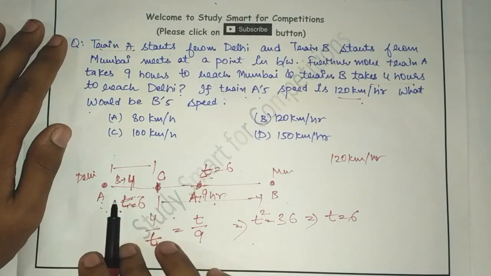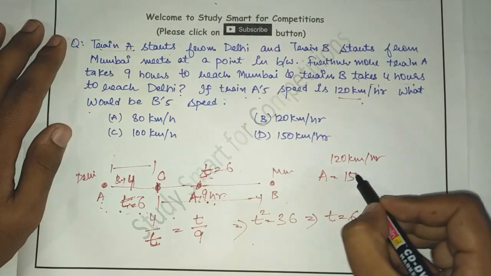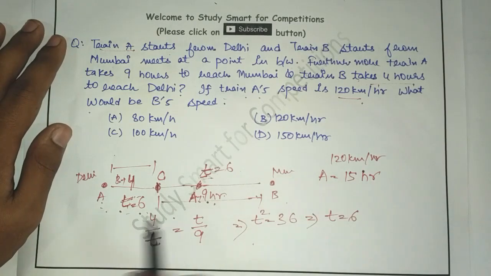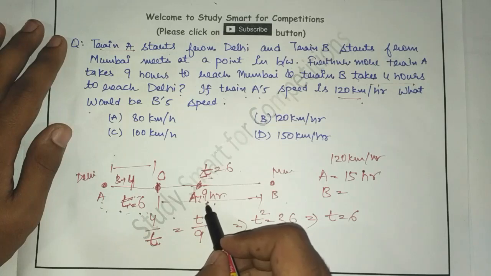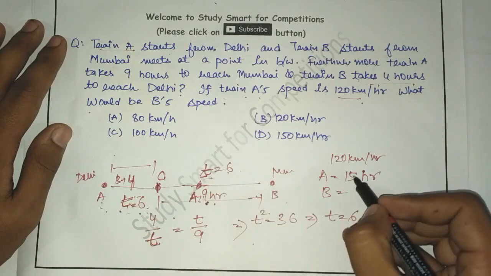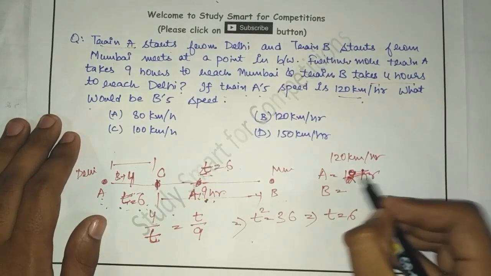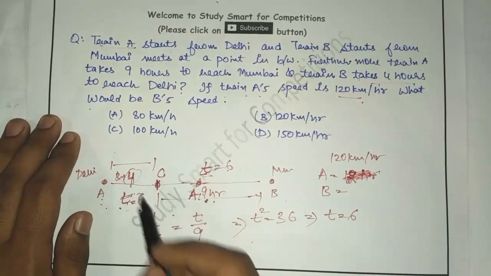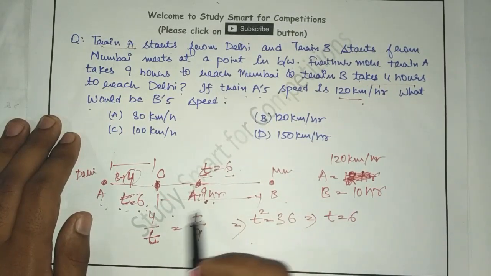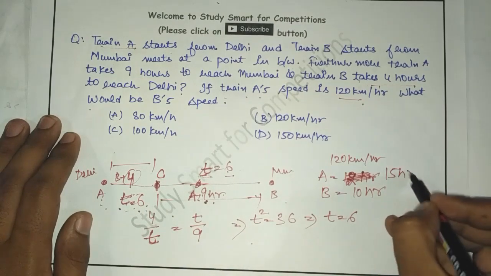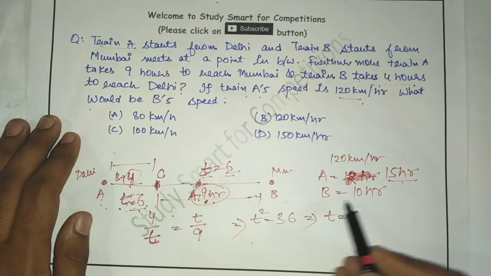The total time that A will take will be 9 more hours, and it has already traveled 6 hours. So it would be a 15 hours journey to complete from Delhi to Mumbai for A. For A it would be 9 plus 6, 15 hours, and for B it is 4 plus 6, that is 10 hours.